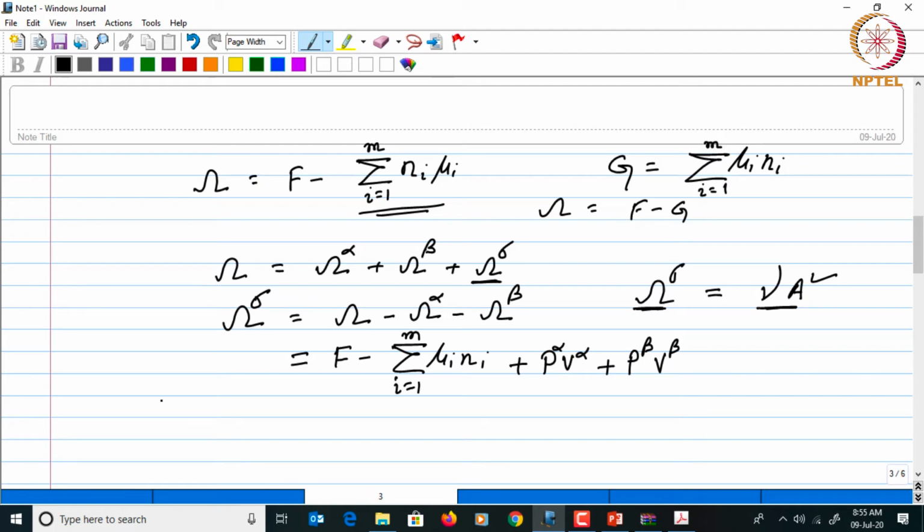Now at constant V, T and mu, constant volume, temperature and chemical potential, the change in omega by an infinitesimal movement of the interface is null.